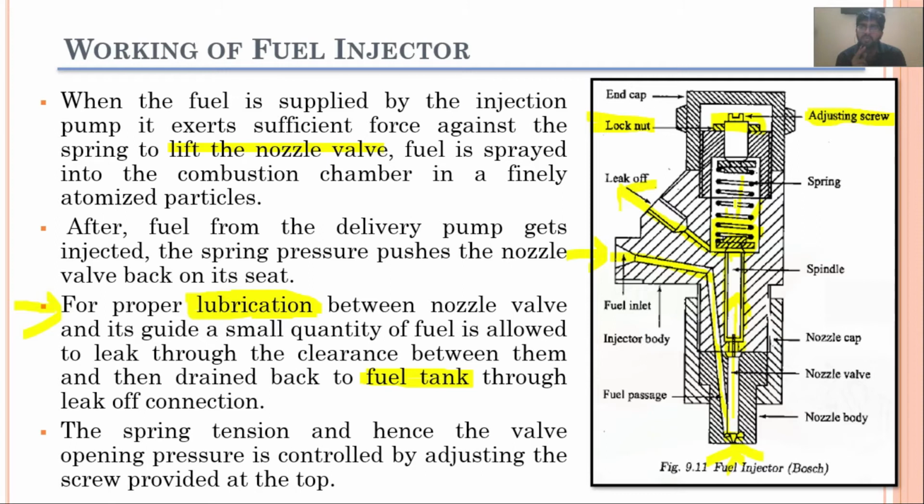For example, if we use a pump which is producing a lesser pressure, we can simply unscrew maybe one or two threads of the screw, so it will reduce the force which the spring is resisting, and thus your valve would open at lower pressures as well.